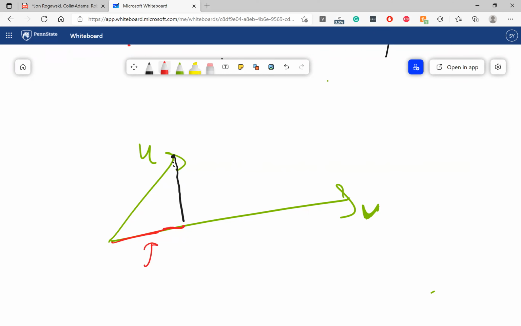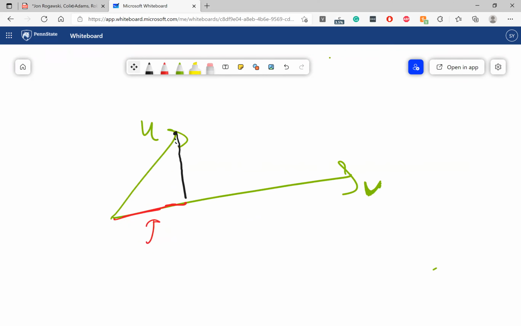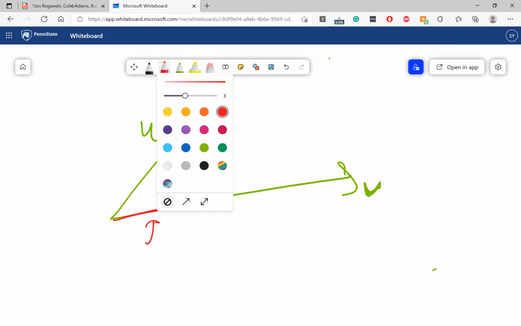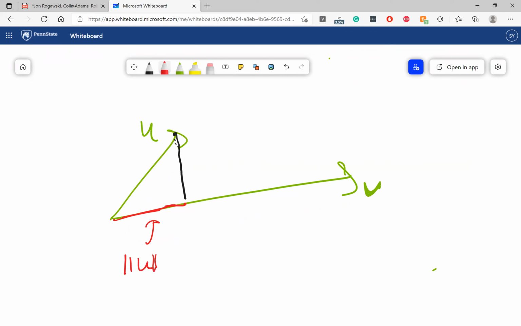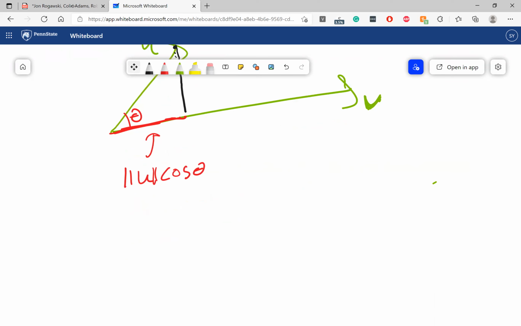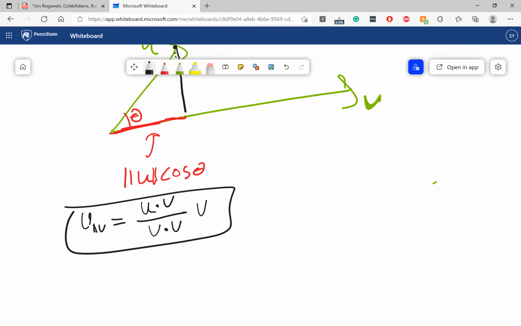That length is going to be the magnitude of u times cosine of theta, where theta is the angle between these two vectors. If you just write down the formula step by step, you will get to the projection of u onto v, which is u dotted with v over v dotted with v, times v. That's the formula for the projection.